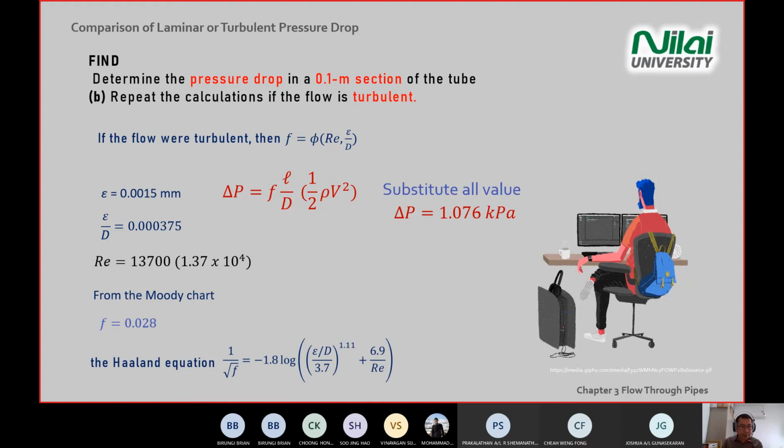Another way is that you can use the Haaland equation, but it's a little bit complex, so I would recommend you just use the Moody diagram. There is an alternative way to find the friction factor, a bit lengthy.